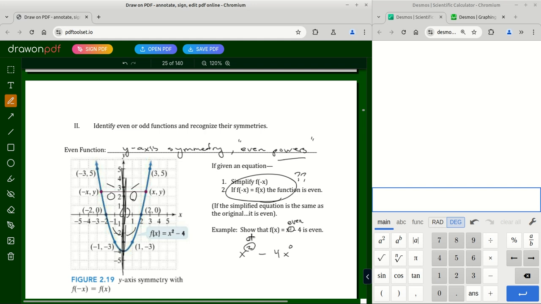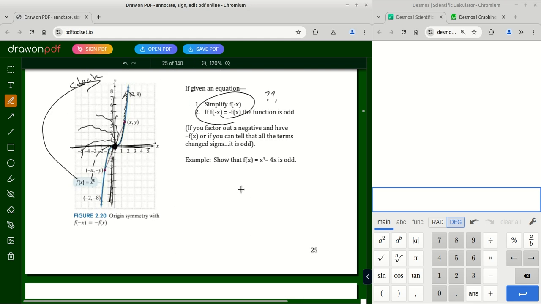This guy right here? Even. This guy right here? Even. So what is this guy? Even. Just saying. Right here, look at this one. Let me rewrite it. X cubed minus 4 times x to the what? What's the power? How many x's do we got? 1. Look at this guy. Odd. Look at this guy. Odd. It's odd. Okay? Keep that in mind.